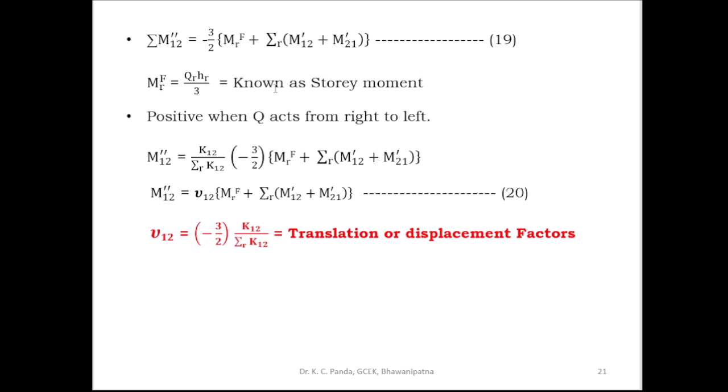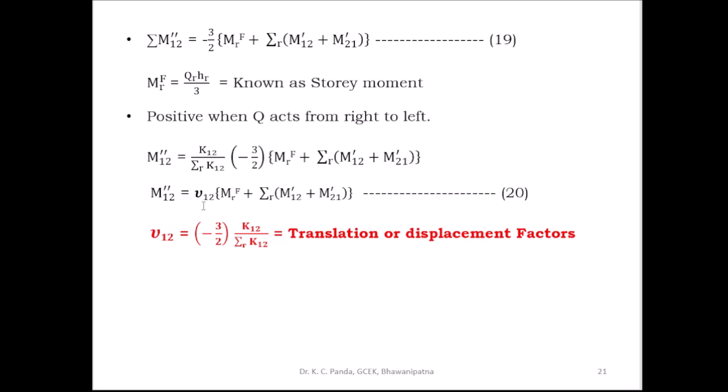Then QR is considered positive when it is acting from right to left. Then M double dash 12 is equal to K12 by summation of K12 into minus 3 by 2 the story moment plus M dash 12 plus M dash 21. Then minus 3 by 2 into K12 by summation of K12, this is the translation or displacement factor.